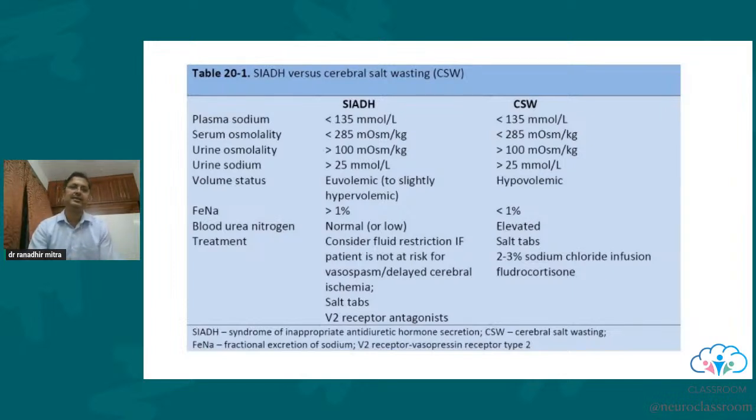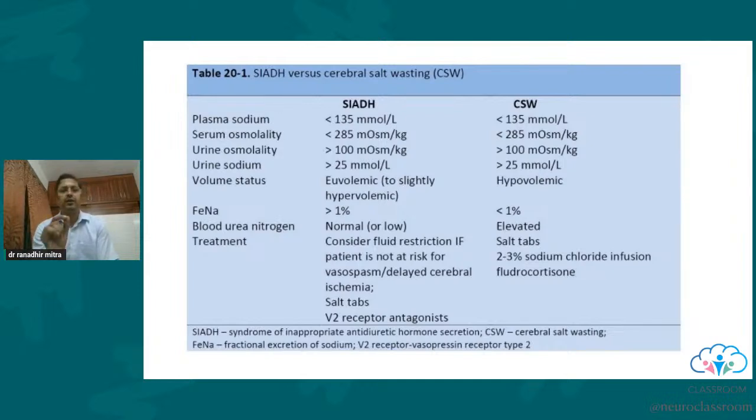See, there are a lot of things given in the literature, like the fractional excretion of sodium being greater in SIAD and less in cerebral salt wasting, or the fractional excretion of uric acid. Blood urea nitrogen is on the elevated side because of hypovolemia in cerebral salt wasting, while it is normal or low in case of SIAD.